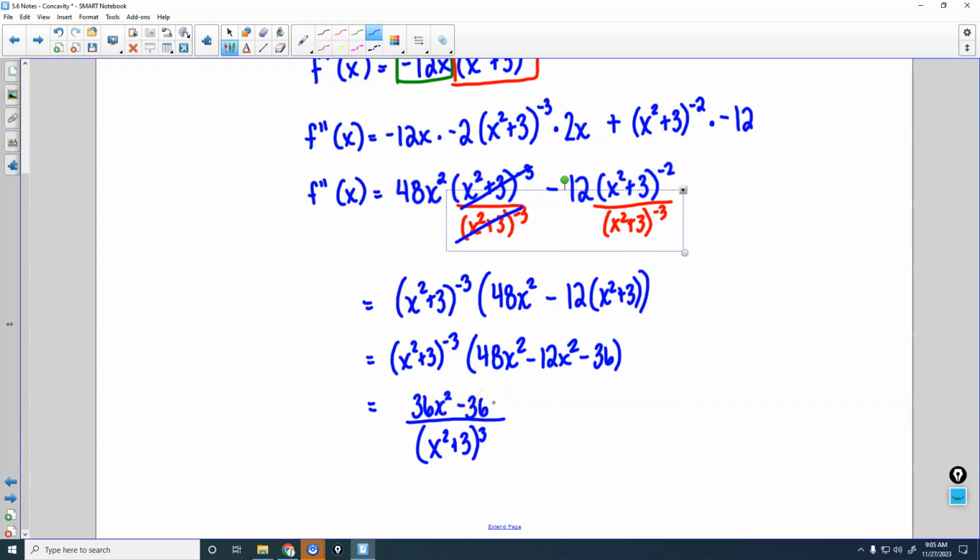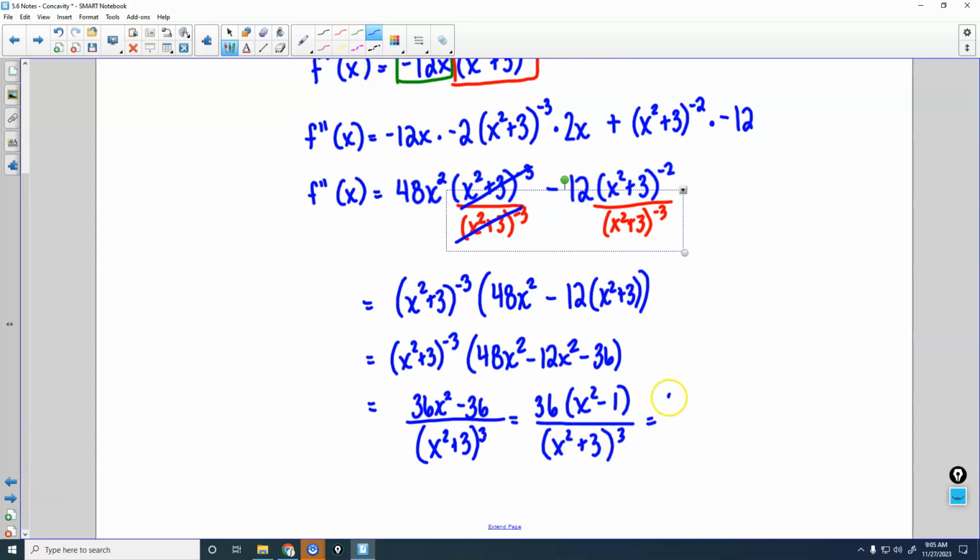If you want, you can factor out the 36 there. However you want to do it. I think I might factor out that 36. That'll give me x squared minus 1, over x squared plus 3 to the 3rd.